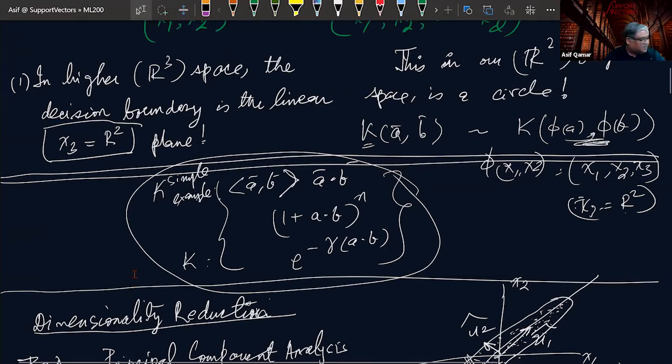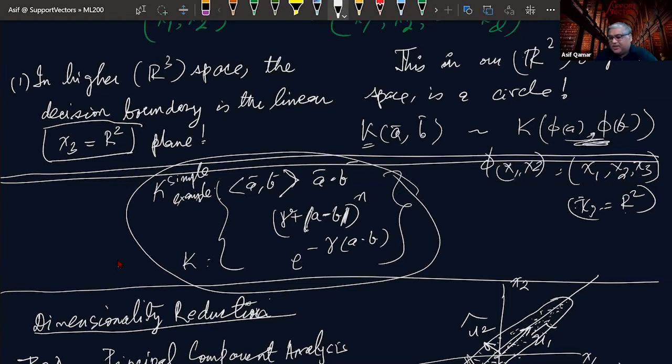Right. I noticed there's something a little bit off I should fix. This is a minus b, a magnitude for polynomial kernel. I apologize. And this is some arbitrary number, not just one. So the simplest way to think of a kernel is the very simple kernel that is just a dot product of two vectors.